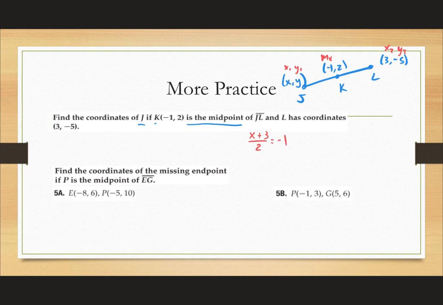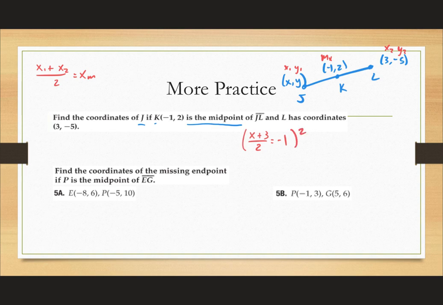Because remember, the equation was x1 plus x2 divided by 2 is equal to the midpoint's x. So you could call it midpoint x, or, if you wanted to, x sub m. Doesn't matter. We have our coordinates. Even though one's a variable, that's fine. As long as you have only one variable in the equation, you can solve.